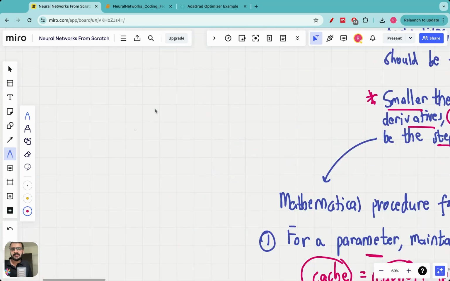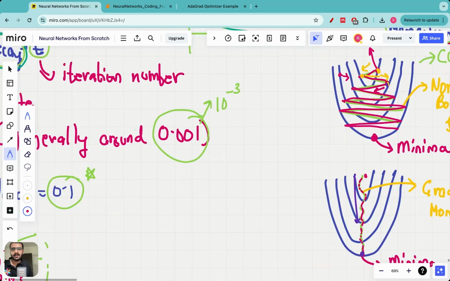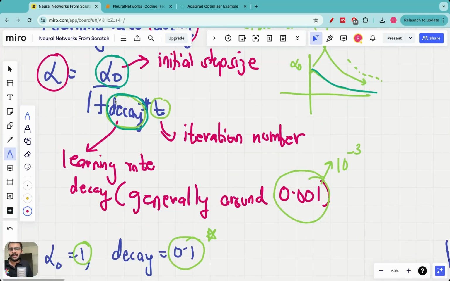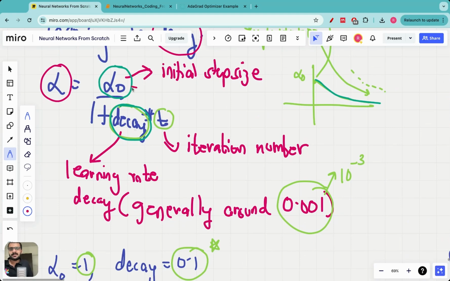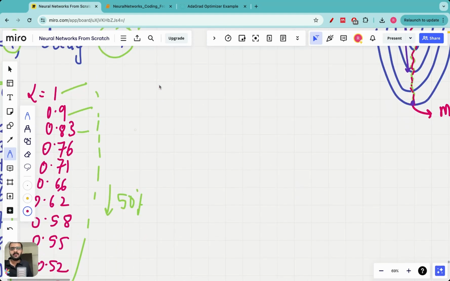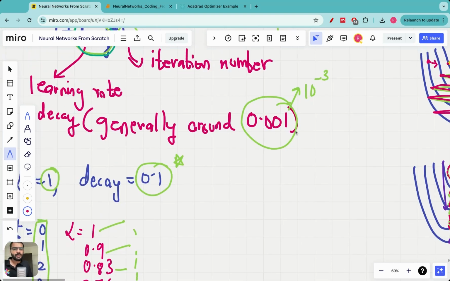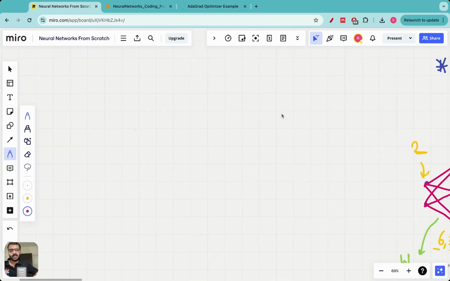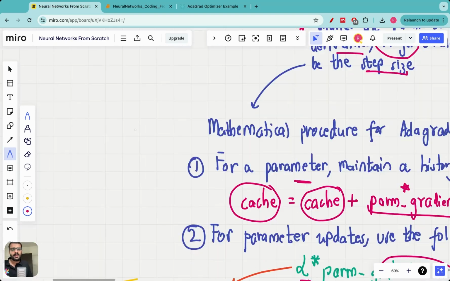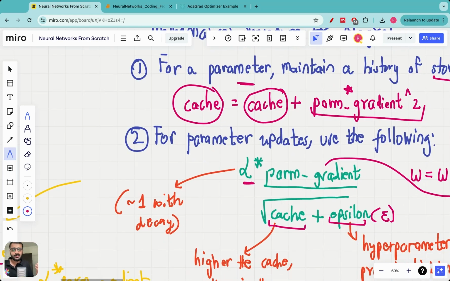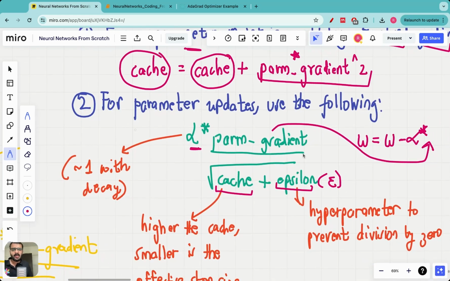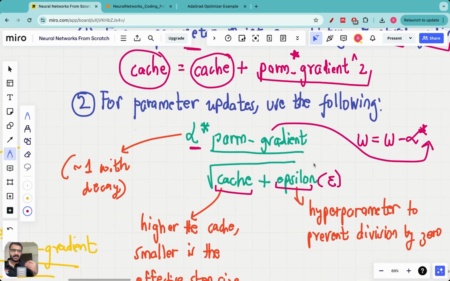We are going to use a learning rate decay, and the initial step size for this ADAGRAD is usually taken to be equal to 1, and then we will use a decay rate of 0.001 or 0.0001. That's the typical value which is used in practice. The epsilon value is usually very small, 10 raised to minus 5, 10 raised to minus 6, etc. I'll show you what these values are in the code.